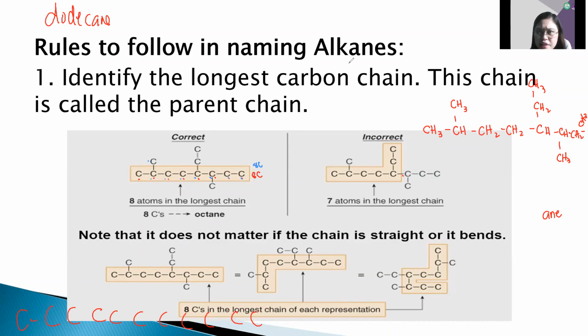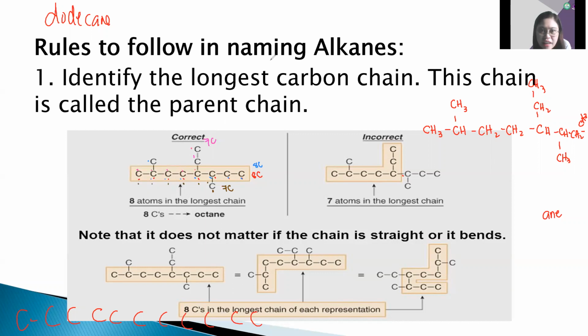Pero let's try another one. Paano kung liliko ako? 1, 2, 3, 4, 5, 6, 7. This is just 7 carbons here. Or kung liliko pa talaga ako, 1, 2, 3, 4, 5, 6, and then 7 here. So 7 carbons din.